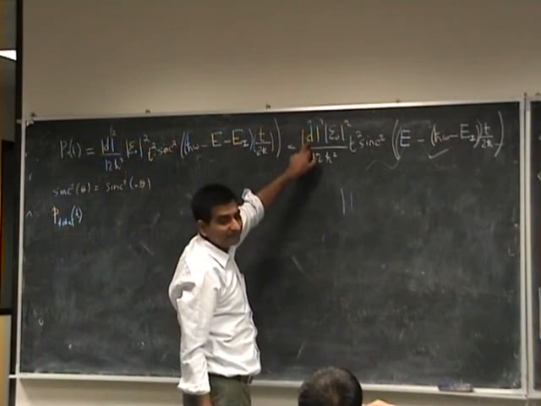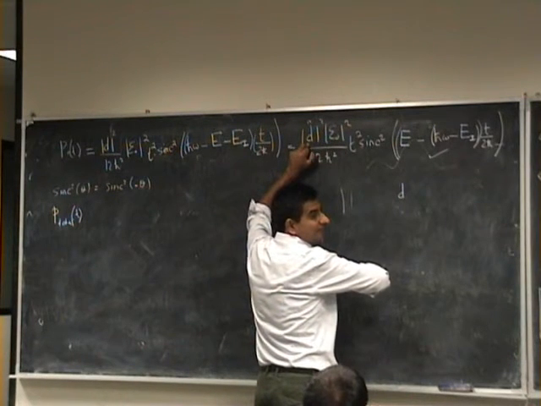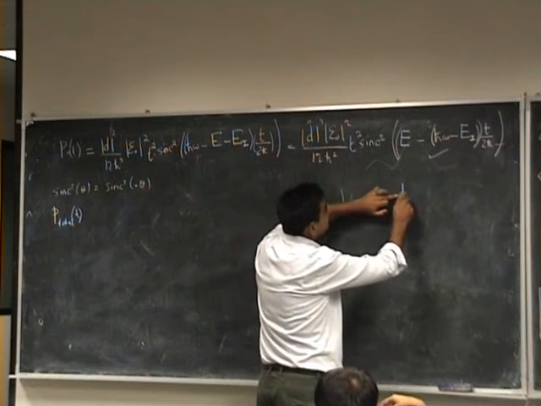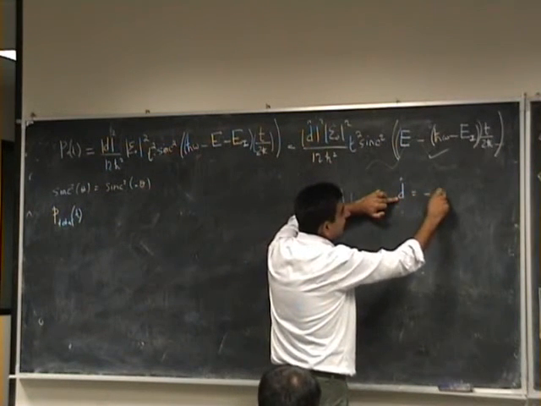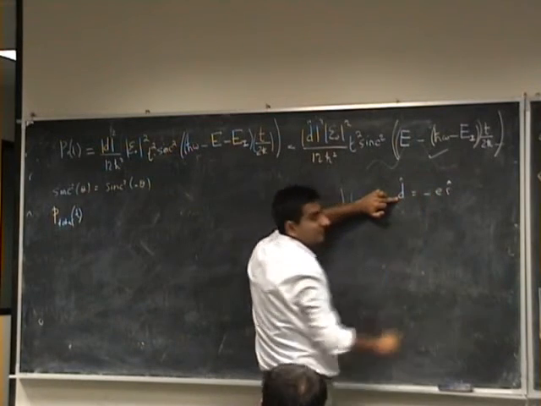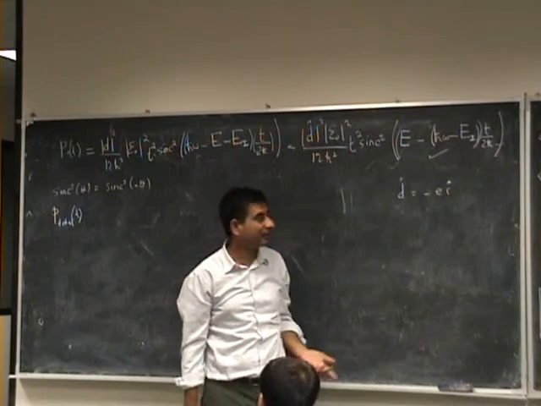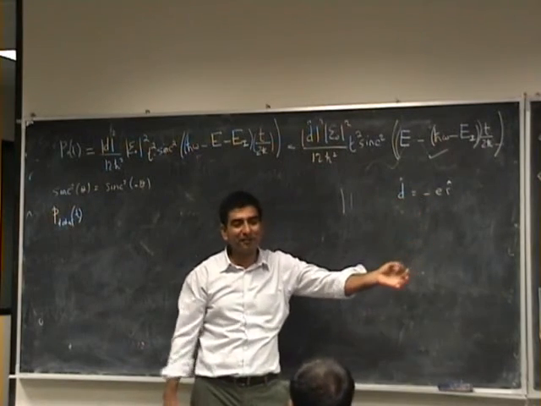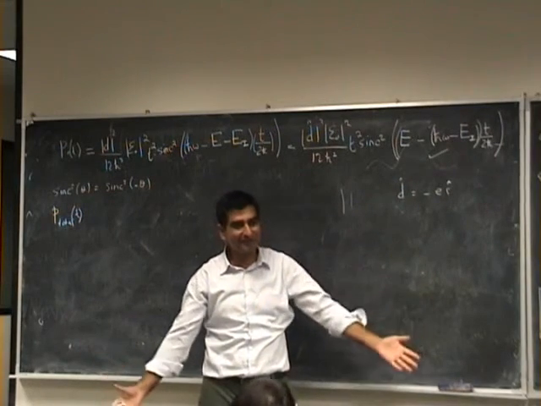This term D depends upon the dipole operator. The dipole operator is minus E times R. This is the general definition of the electric dipole operator, where R is the distance of the electron from inside the dipole. We're talking about an electric dipole transition.